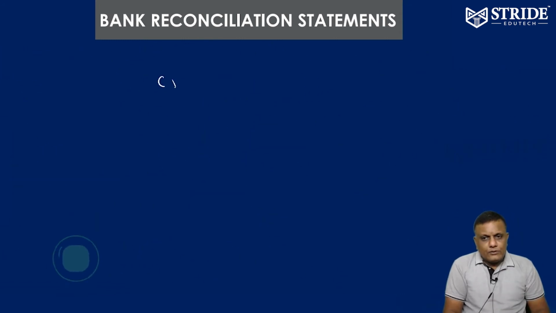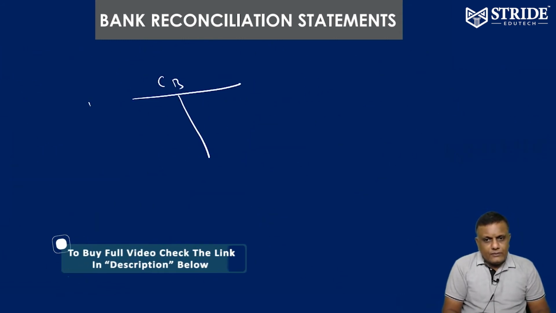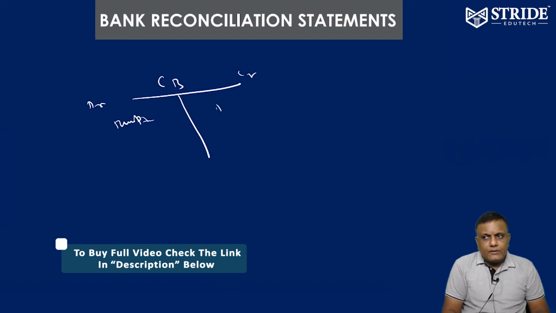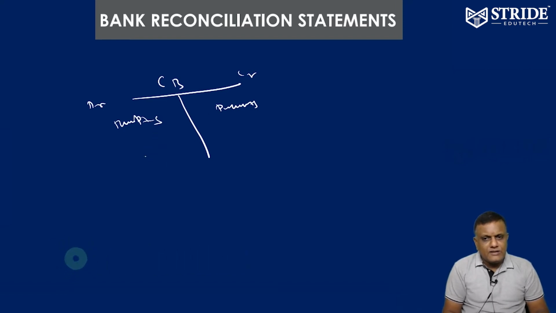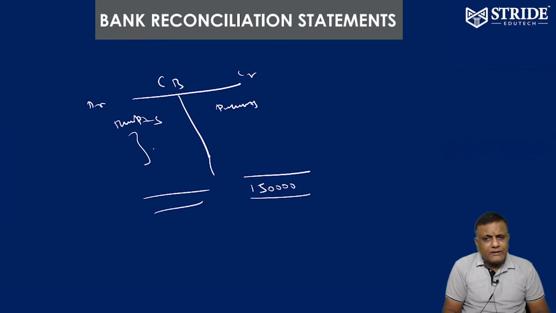Let's see. So cash book, debit side receipt, credit side payment. Now we have more payment. Say for example, we have a payment total of 1,50,000, excess payment. But we have a receipt of 1 lakh only.